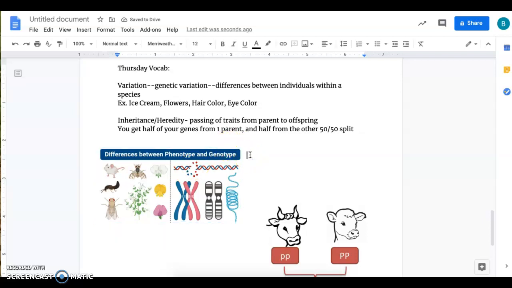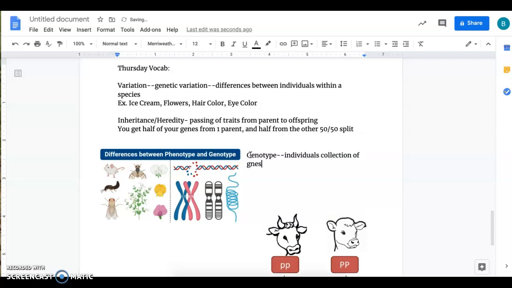The next 2 words we're going to be talking about are genotype and phenotype. Okay, and a genotype is an individual's collection of genes, and each person has 2 alleles that will code or represent one gene.